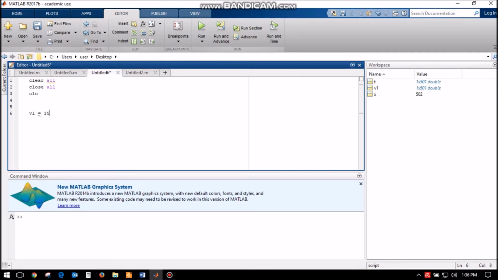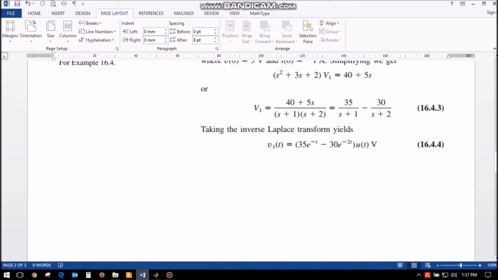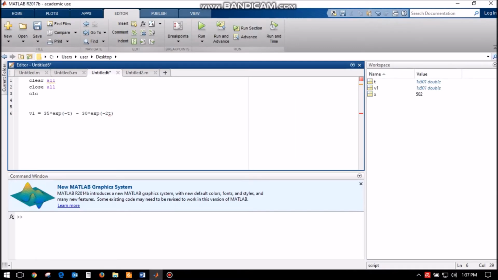V equals 35 times exponential of negative t minus 30 times exponential of negative 2t. Alright, 35, 30, minus 2. So this is the equation, right?